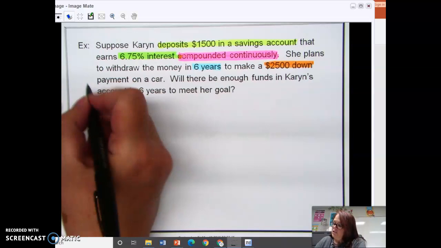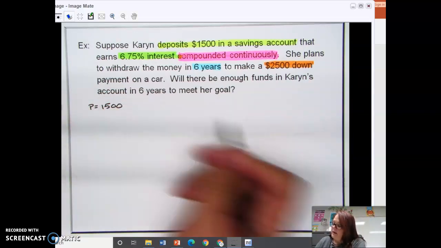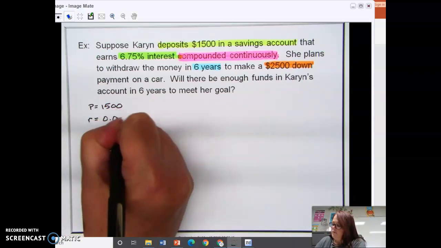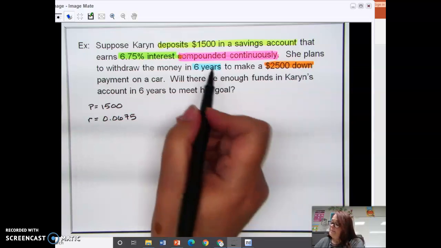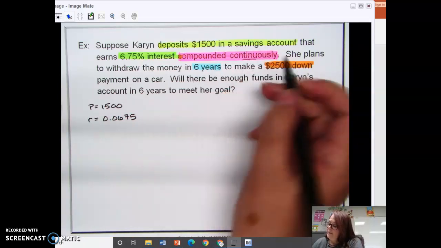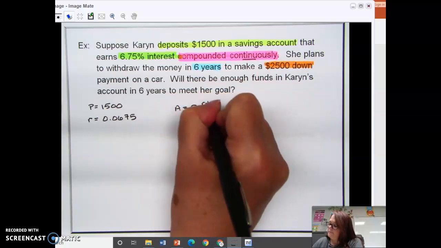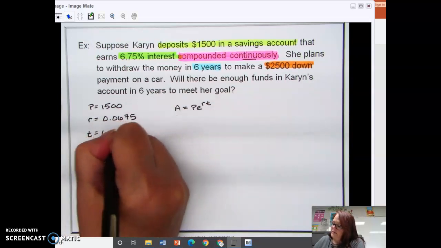So in this question, my principal is $1,500. My rate is going to be 0.0675, moving that decimal to the left 2 places. Compounded continuously means I'm going to use my e formula. And the time is 6 years.